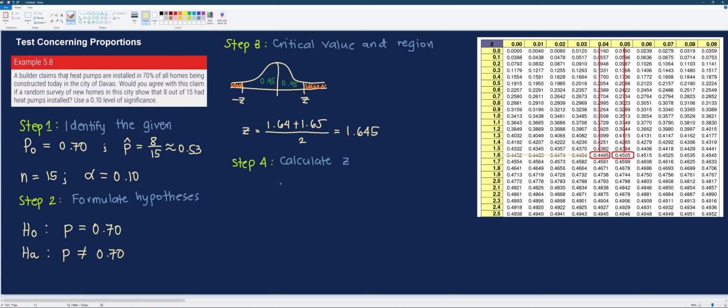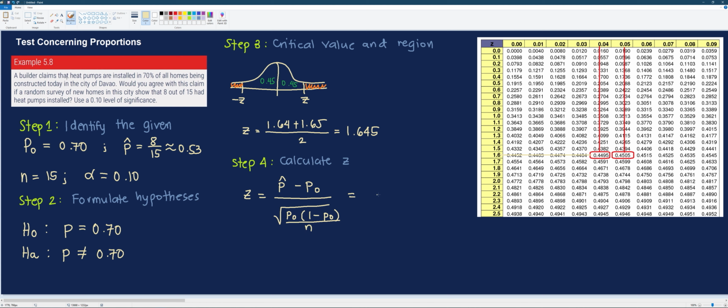The fourth step is to compute the calculated z using the formula: z is equal to the sample proportion minus the hypothetical population proportion, all over the square root of the hypothetical population proportion times the difference between 1 and the hypothetical proportion, all over n.